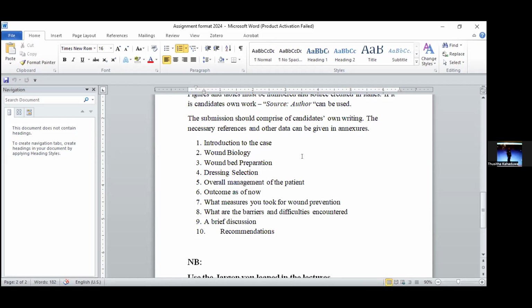So just a summary of the patient. And then wound biology you will learn today. So use that jargon and explain what's happening in this particular patient. Do you get what I mean?